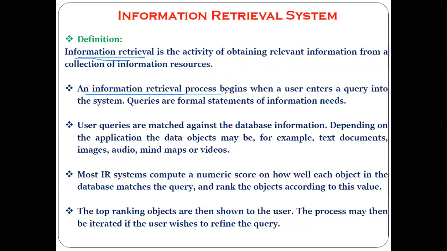An information retrieval process begins when a user enters a query into the system, and queries are nothing but any kind of statement. It is not just a question typed up after that particular statement; that is also a query. But if you just simply type a simple statement also, that can be also considered as a query only.